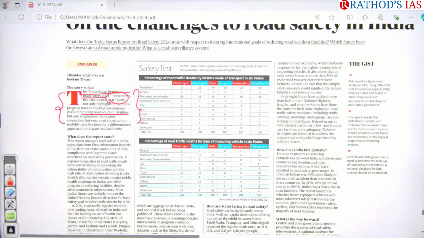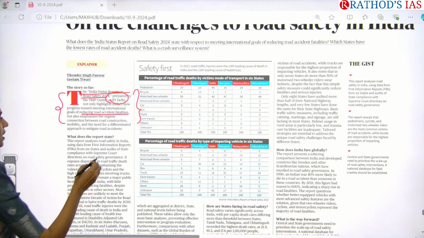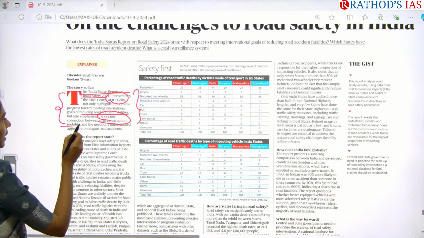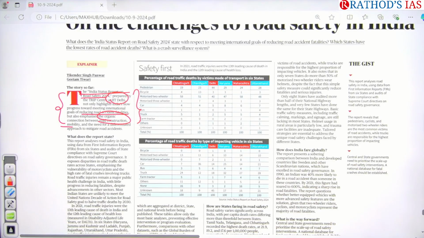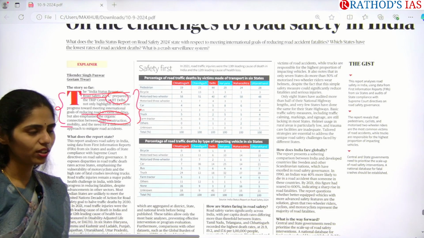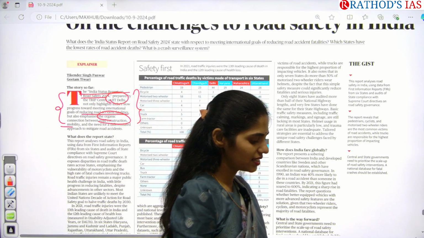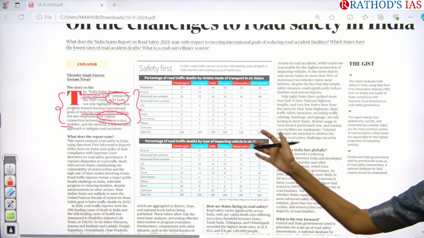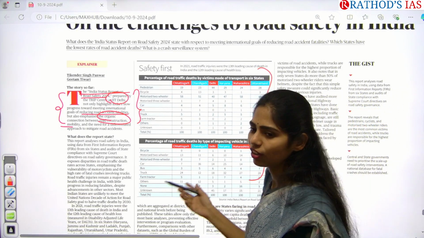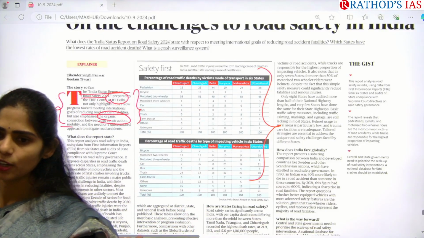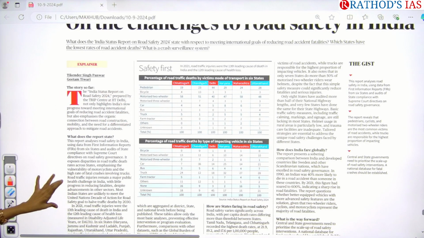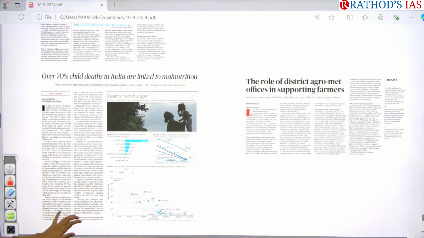We are not at all following the rules in our country, so we are also making very slow progress in achieving that target. The reasons here are road construction, mobility, etc. So please try to see what are the reasons for road accidents in our country. I will be giving you the mains question on this topic. Because it is very important, after this class I will be posting the question on this.